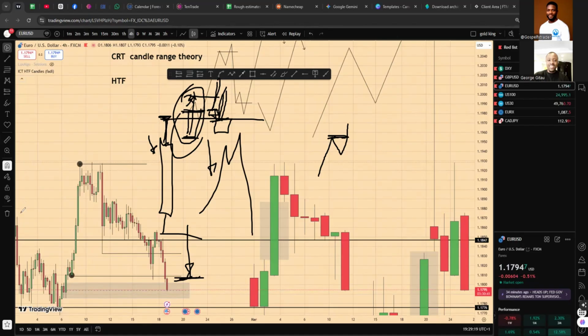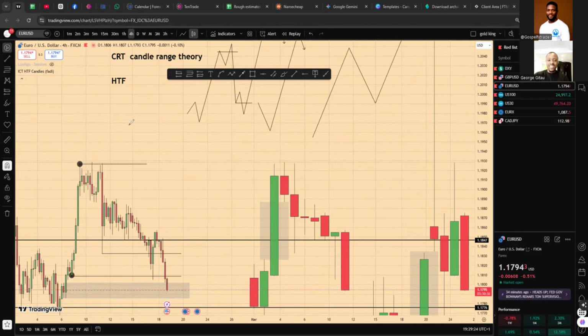And now, this is basically everything that has to do with CRT. Already, you know how to point out where price is going, which is one of the most important things. For price to move in that direction, it's going to create CRT candles, as we're going to see in some examples.